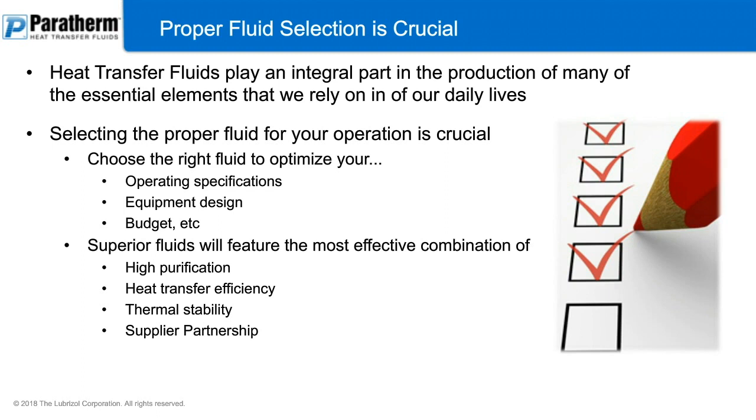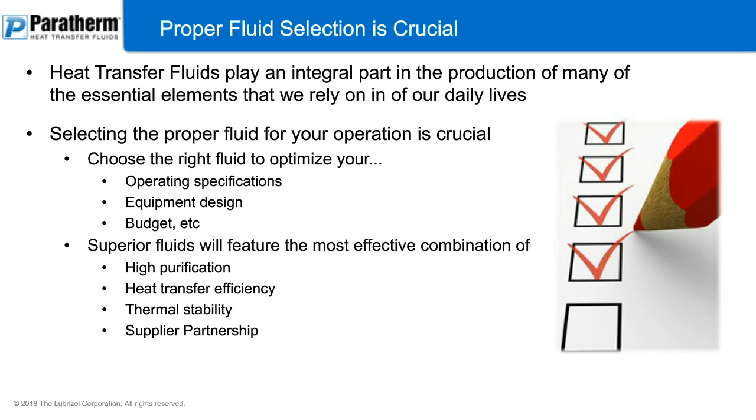And keep in mind here, when run properly with the correct fluid, these heat transfer systems are safe and low maintenance by design. The inherent dangers of any high temperature operation will definitely increase exponentially if these factors are taken for granted. So this is why fluid selection is so important.